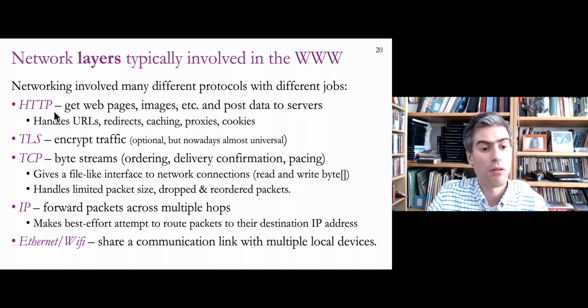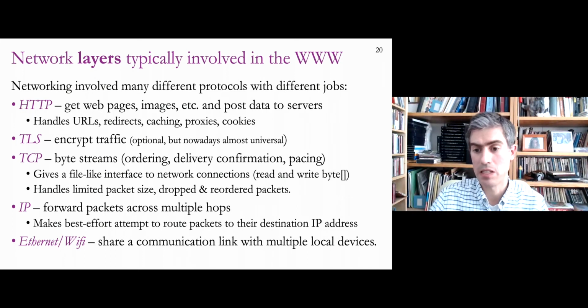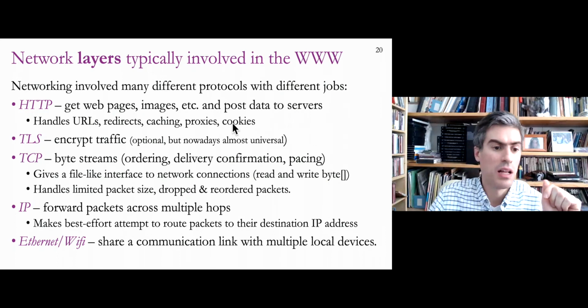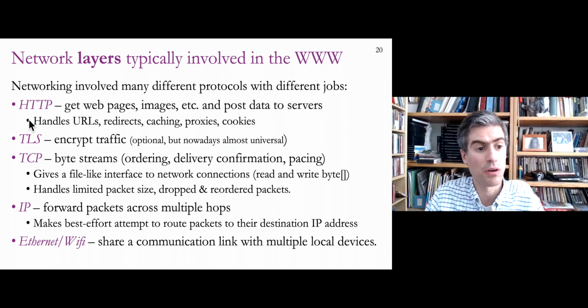But this is a protocol for browsers to make requests for pages and images, and basically for clients and servers to interact. The client's the browser, the server's the web server that's some company that wants to provide you with data, usually. This handles things like URLs, redirection, caching, proxies, and cookies. Basically, all the things a browser needs to complete its functions are handled by this HTTP protocol.